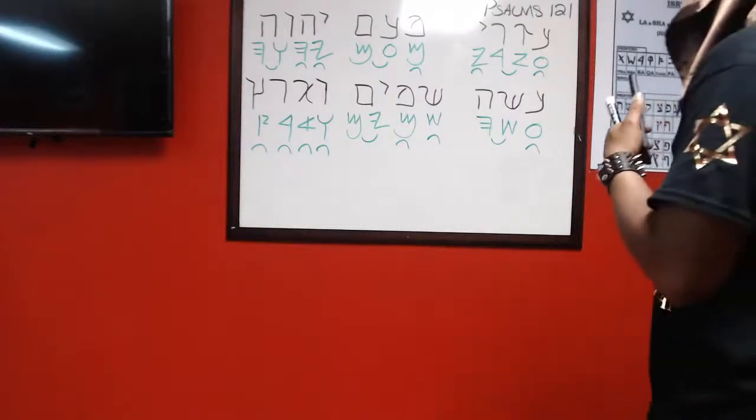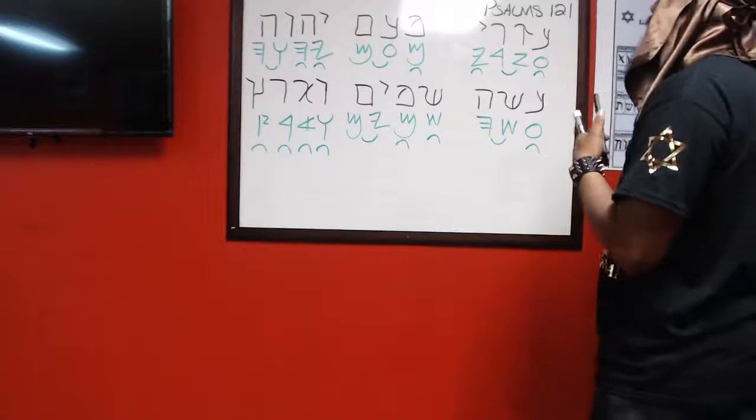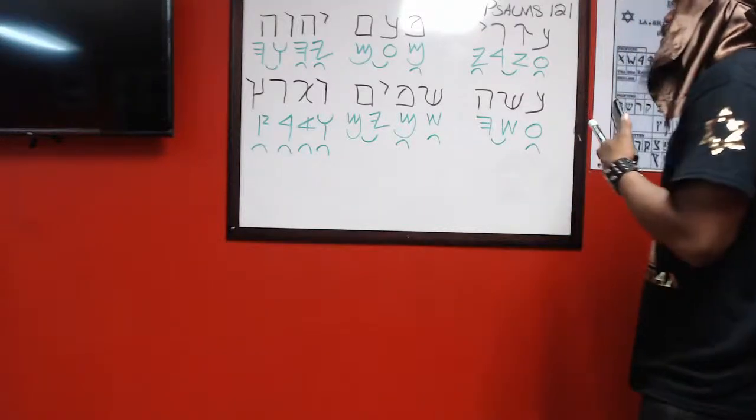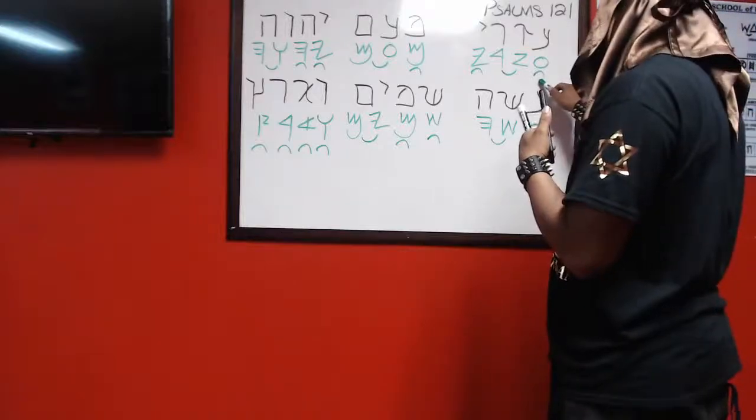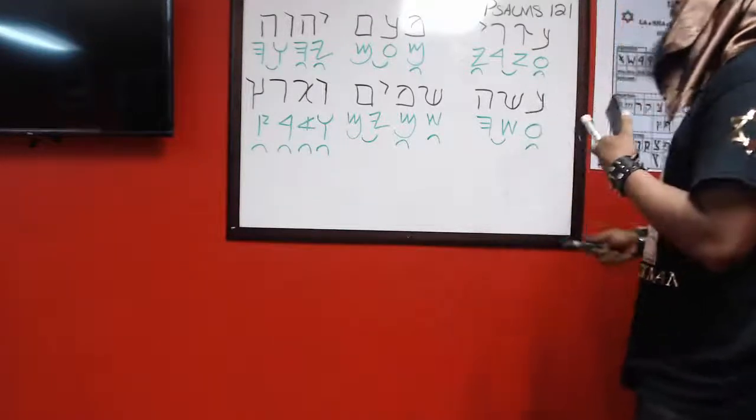All right, cool. Now, if you can, I want you to read this verse over again in the Hebrew, but I want you to read the green. Put it together.